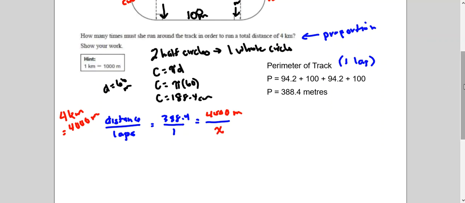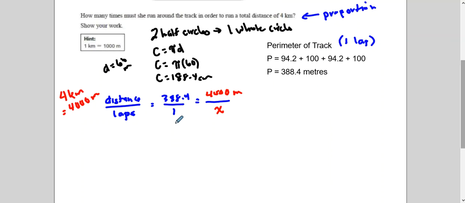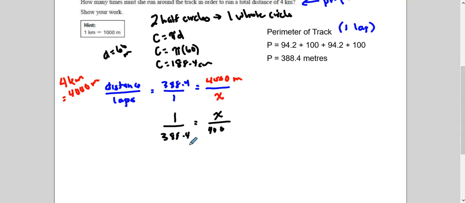And if you remember going back to some of the learning, if x is on the bottom, we flip both fractions. And then we can cross multiply. So we know that 4,000, my fault, is equal to 388.4 times x.